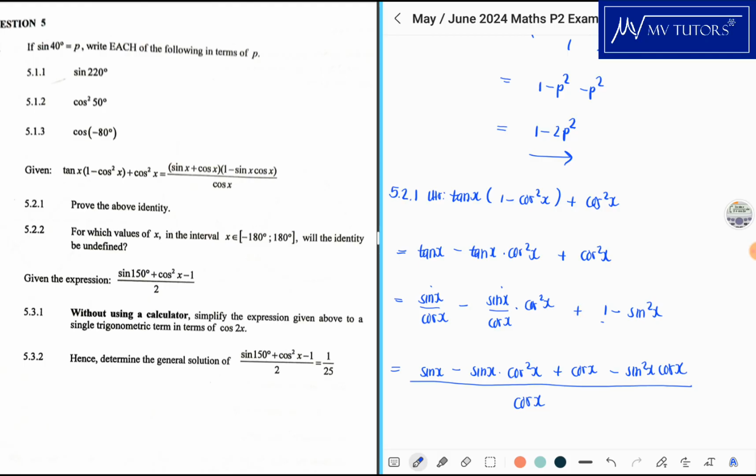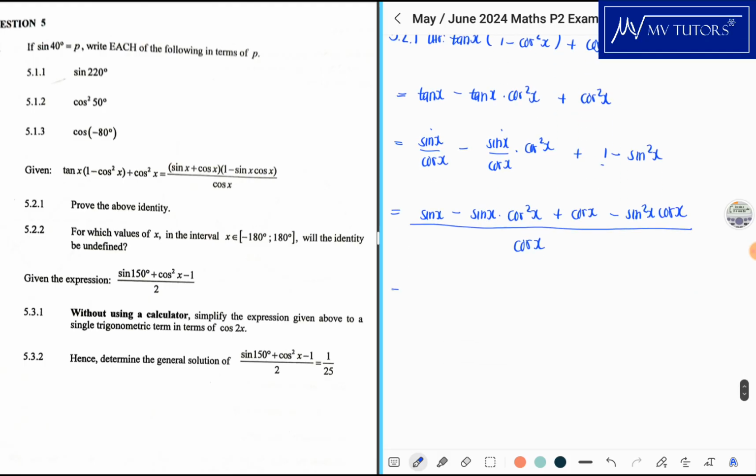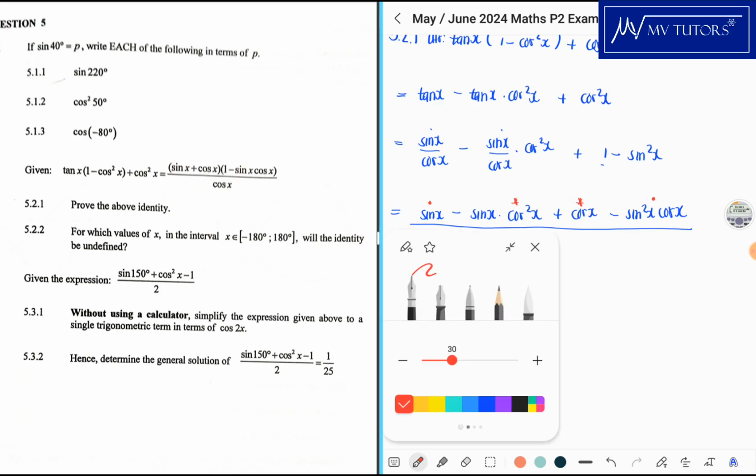Okay, so now how do I go forward? I am going to try to simplify what we have over here. So now I have 4 terms, all right, and I'm trying to get a sine x plus cos x. So if I link up, let me just use a different colored pen, if I link up the sine x to the sine squared, because I don't have a squared in my answer, and then this cos x to this cos squared, let me see what that can give me.